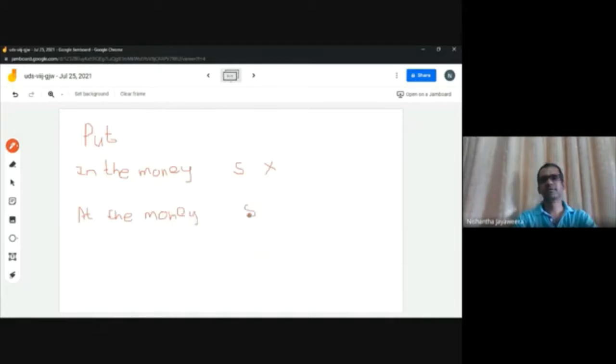At the money, what is the relationship between S and X? Out of the money, what is the relationship for a put option?